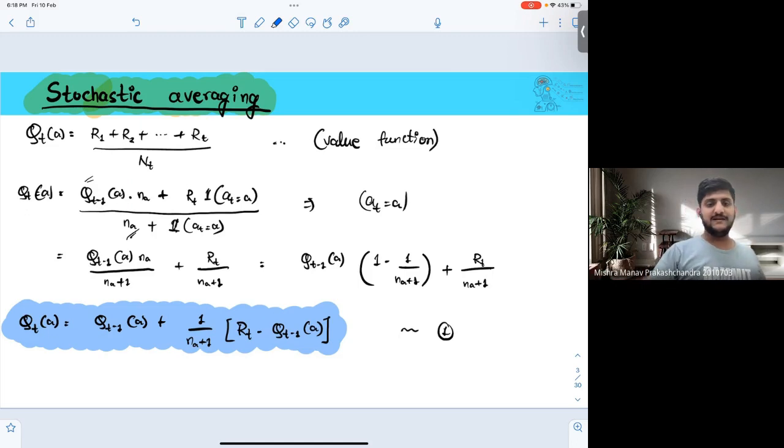So the way you remember this formula is, you have Qt of A, the Q value at time t, which is dependent upon my Q value at time t minus 1. And on top of that, I'm adding this extra term. Another way to look at this is: this is the new estimate.